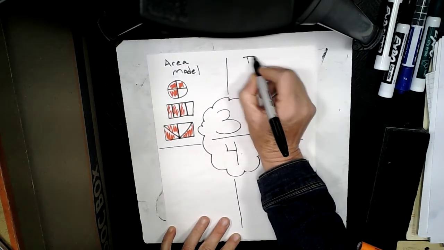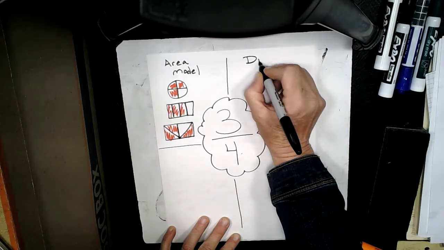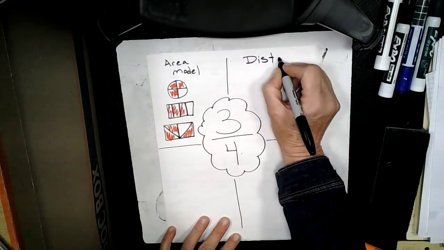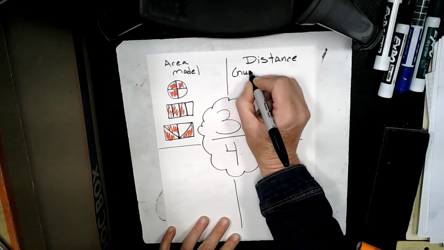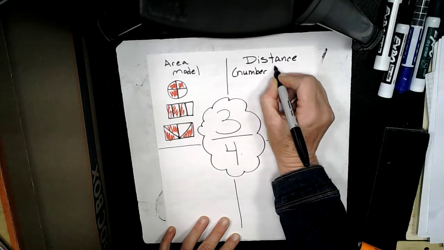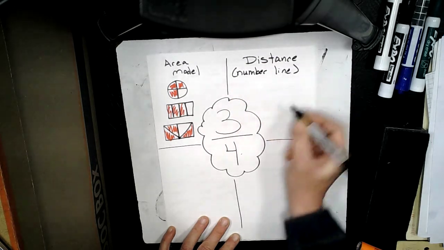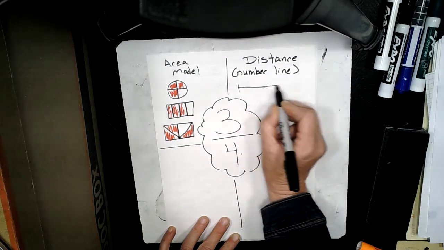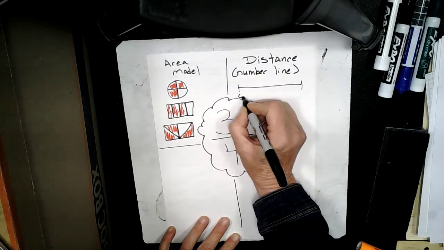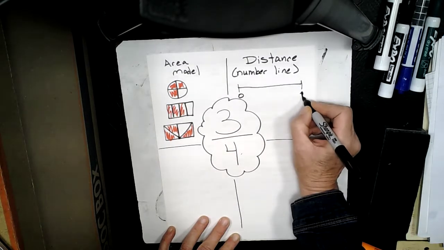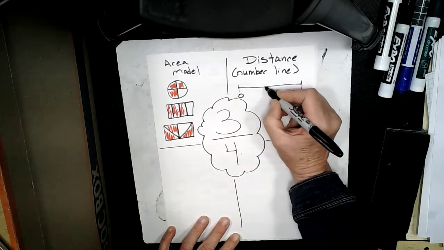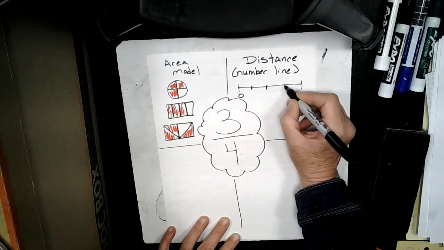Another way we might see fractions represented is to represent a distance, like on a number line. Let's take a look at that. So the whole in this case is 1. We're going to split it up into 4 equal parts.